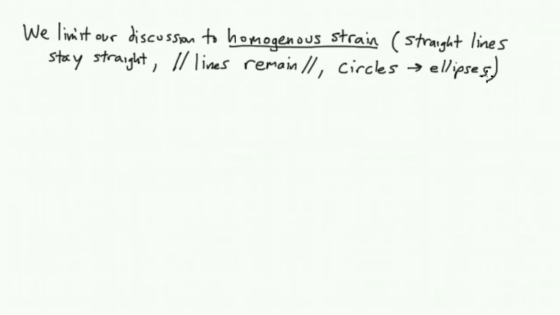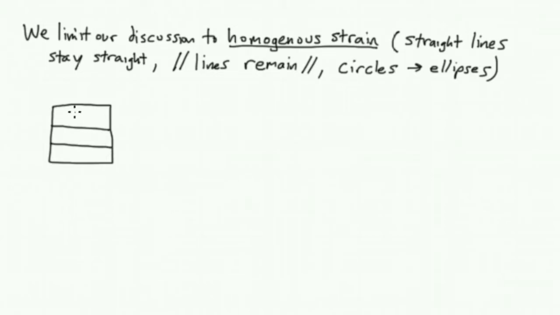So this is a very broad category of strain that encompasses many other types of strain that we'll talk about in more detail. So, let's say we start out with some material.